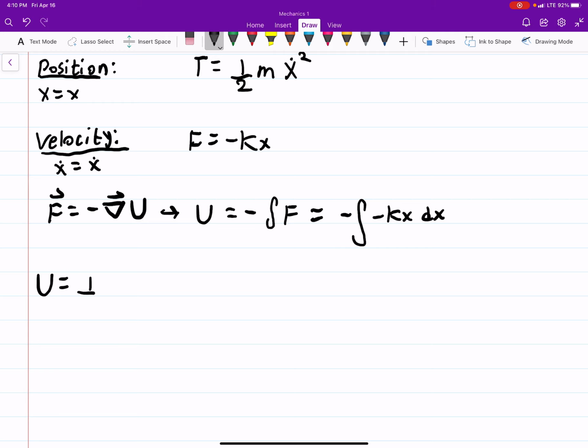And u is then just 1/2 kx squared. And we could say we integrated, let's just say from x naught to x, but actually better yet, we could think of it as integrating a constant, but we can drop the constant with our potential.